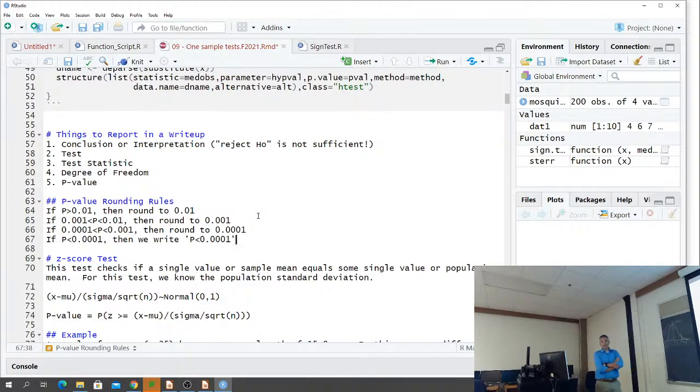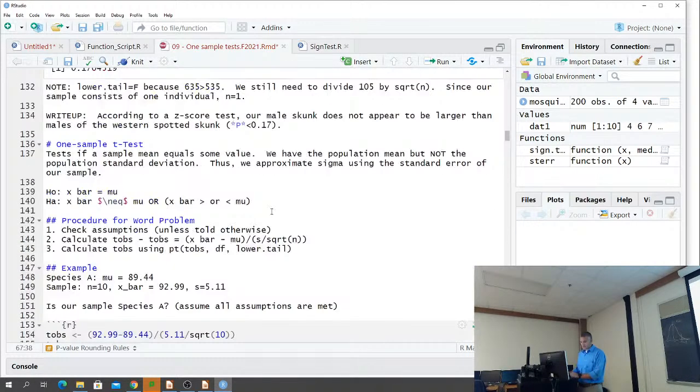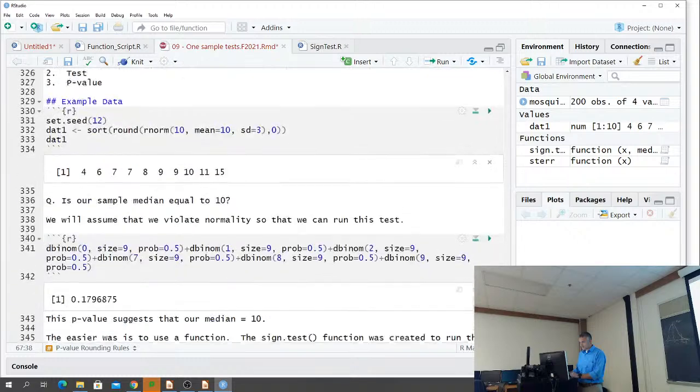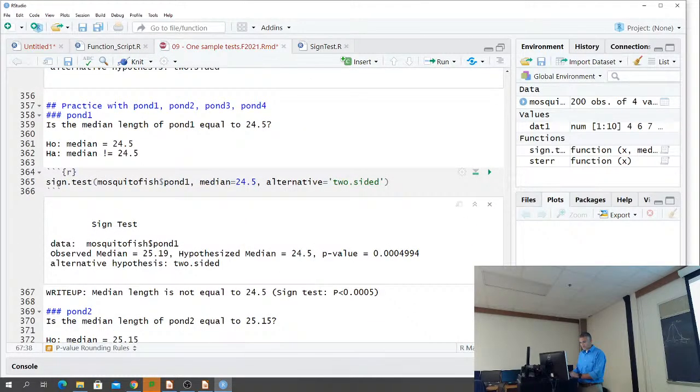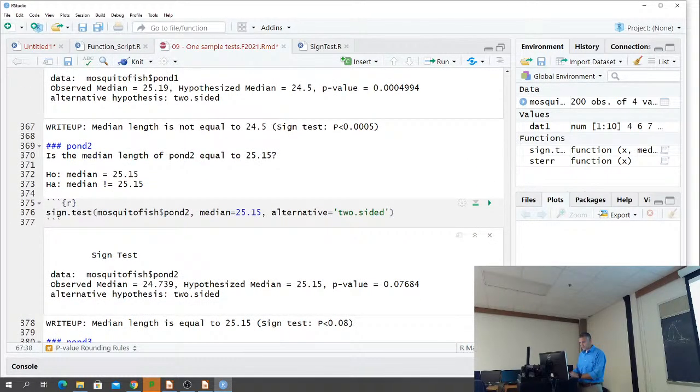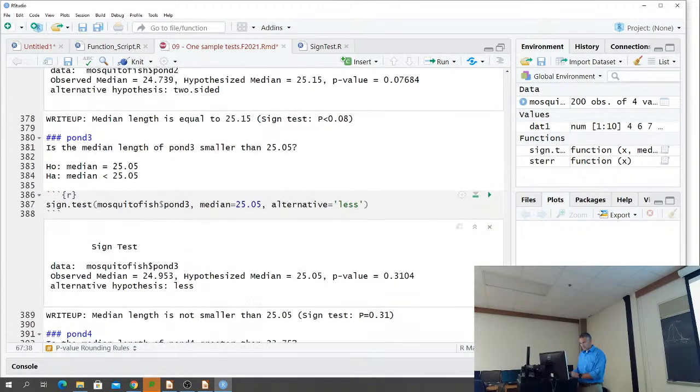Now, as far as writing equals versus less than, that's going to be up to you. I just feel like, if a p-value, we'll go down here. We've got pond 1, pond 2, pond 3.